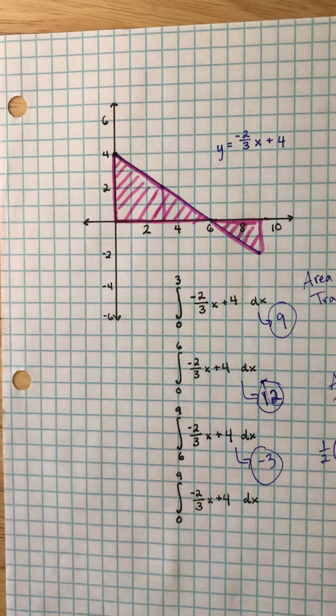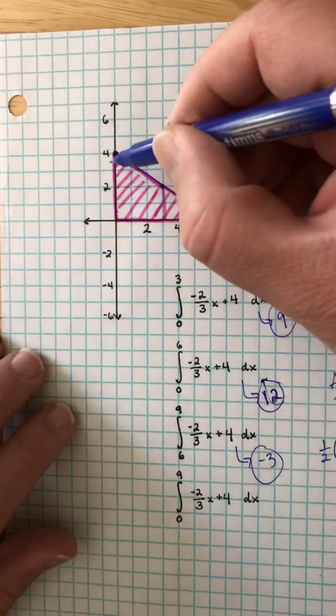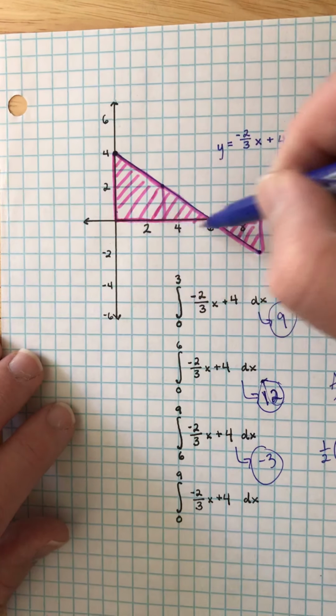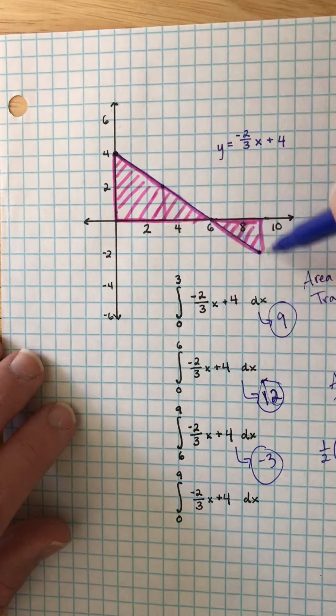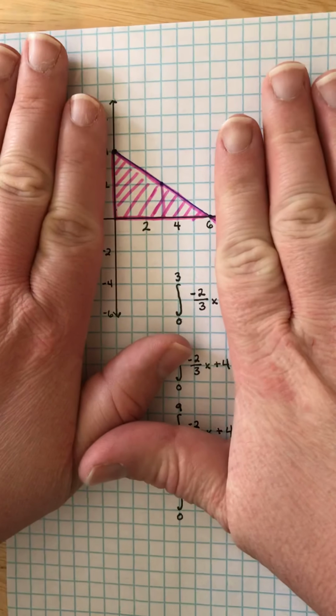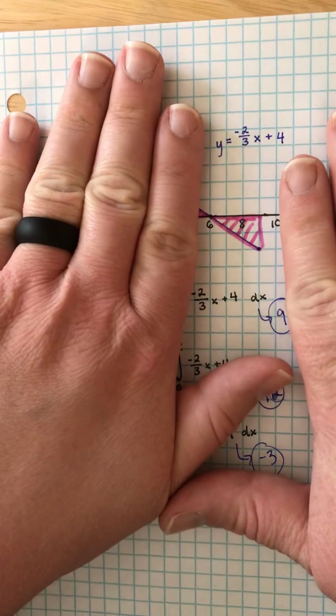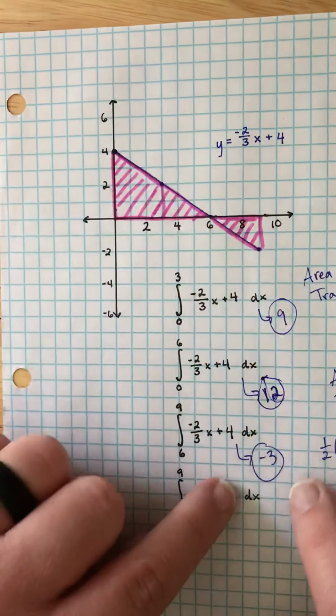All right, the last one I need to do is from 0 to 9. If I calculate this from 0 to 9, that's going to cover everything that's shaded up here. So here's the thing. I'm going to calculate the positive part separately, which I did. It's 12. I'm going to count the negative part separately, which is negative 3.